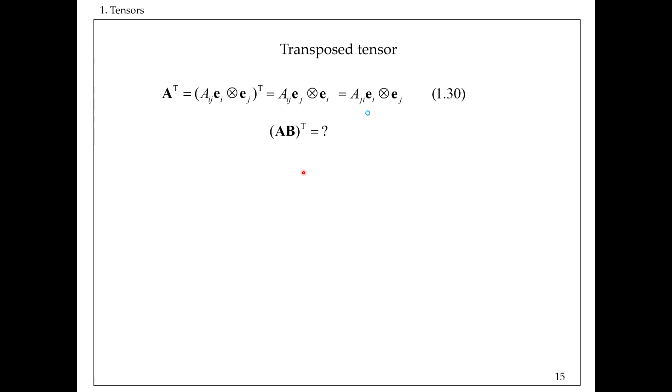I suggest that here you pause this video and try to derive what the result of this transposition will be, combining the previous exercises on multiplying two second order tensors A and B, obtaining a new one, let's call it F, and then transposing that new tensor in the manner that we just did for the tensor A. After some manipulation, you will arrive at the components, and they will look like that.